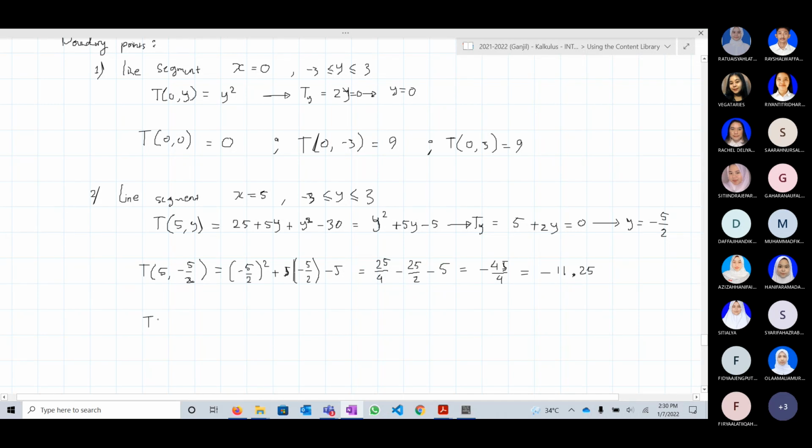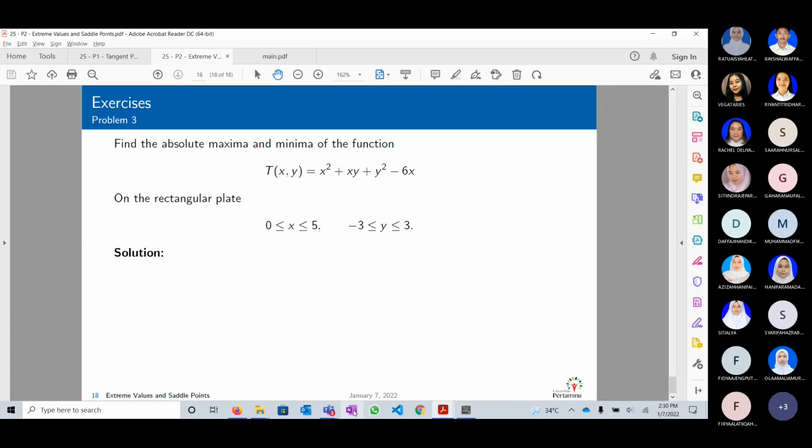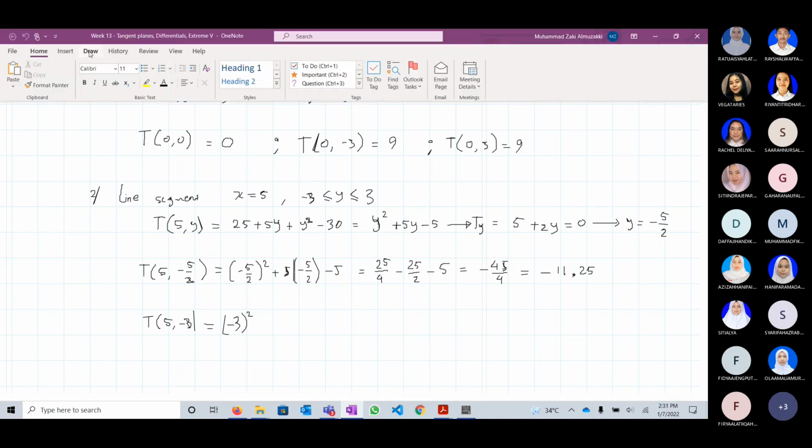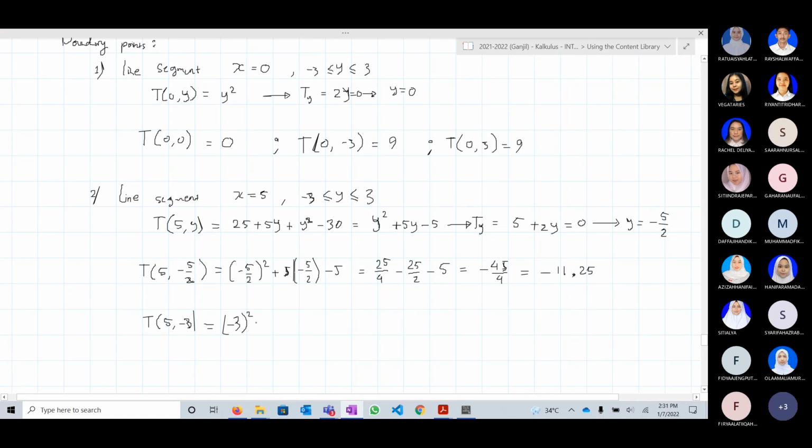And we also inspect at the boundary T5, minus 3, which is equal to minus 3 squared plus 5 times minus 3 minus 5.